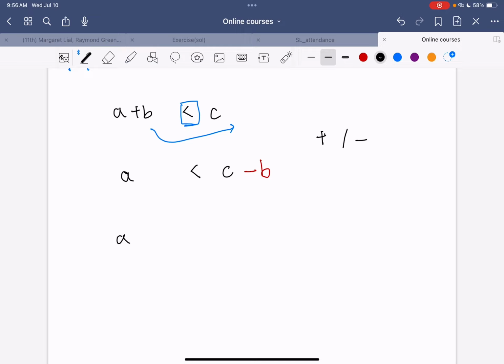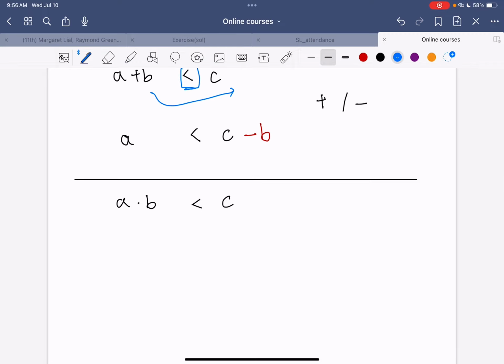Let's say A times B is smaller than C. If we want to move B to the right hand side, we keep A the same, and by moving B to the right hand side, we have to divide each side by B. At this point, we have to consider whether B is a positive number or a negative number.